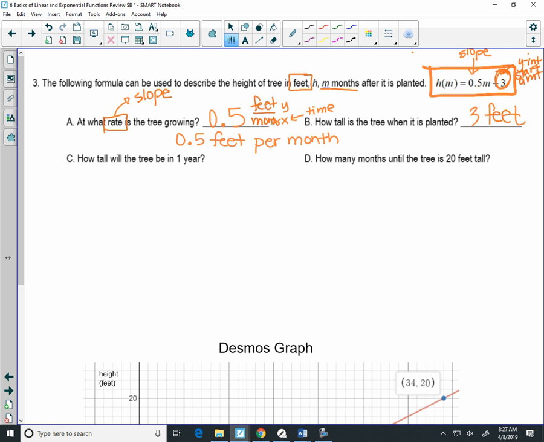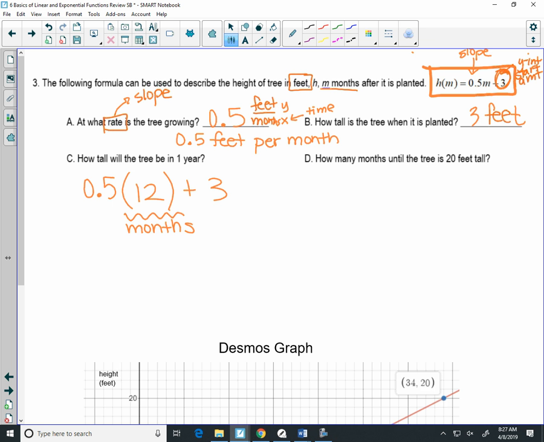How tall will the tree be in 1 year? Well, we're in months here, so 1 year is going to be 12 months. So our equation looks like this. And that's our number of months. So I would put 12 in there. And this is what I would write on my scrap paper.